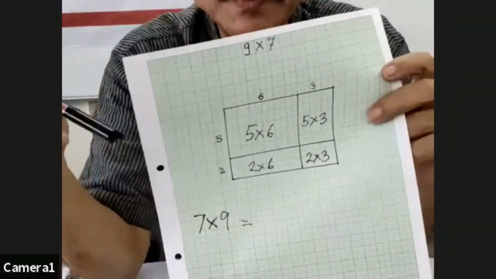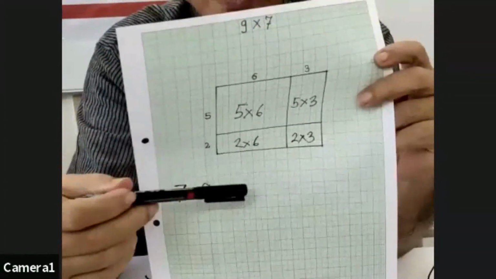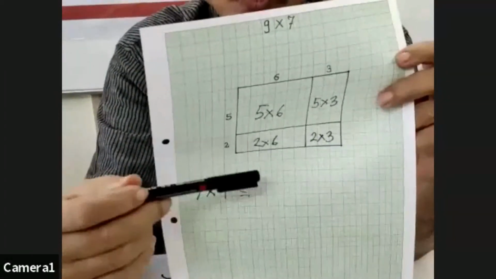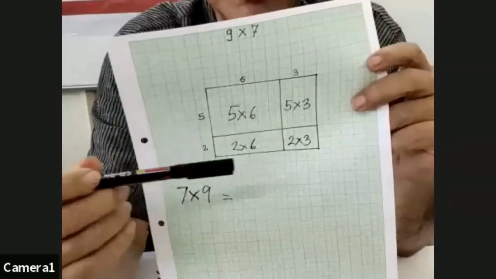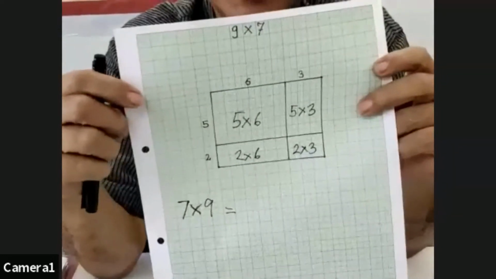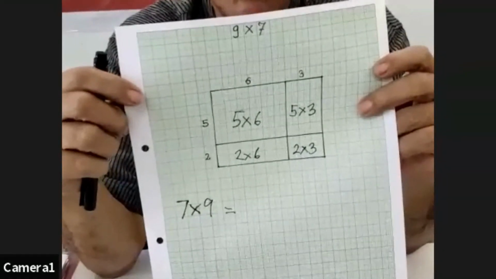All the participants write the other 4 parts. 7 into 9 is equal to something plus something plus something. What are those somethings? You have to write those.